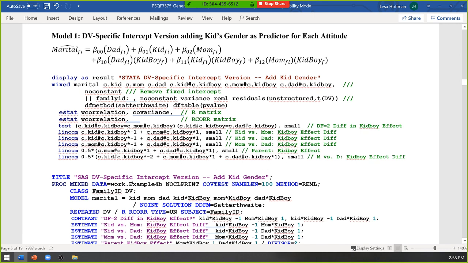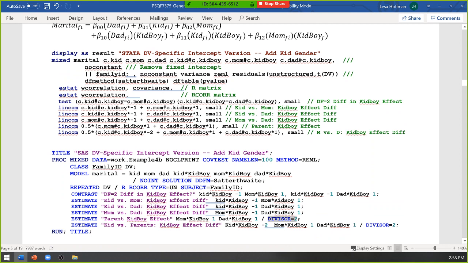And so in SAS, this is easy to do with the divisor option, and then I figured out how to trick Stata into doing it by starting the whole thing off with a 0.5. So within each of these lincoms, it has to sum to 0 to have a contrast. So it still sums to 0, but then you can have 1, 1 versus -2.